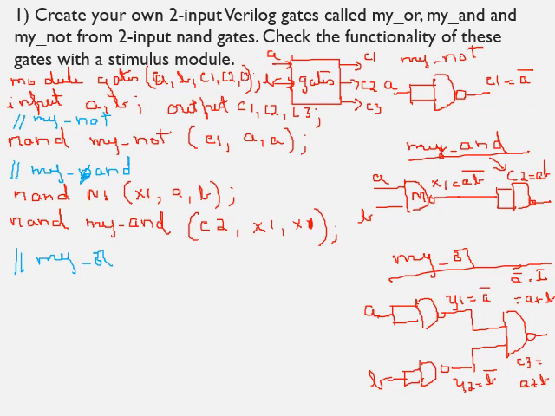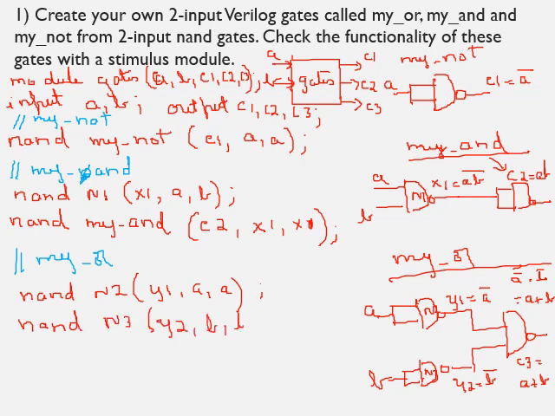For that I want NAND gates. So I'll take this as N2 and this one as N3. N2, output is Y1, A comma A. It's an inverter. Next one is N3. Output is Y2, B comma B. That is also an inverter. The third NAND gate, I will name it as my OR. Okay. And output is C3 and input is Y1 and Y2. So this is the program.